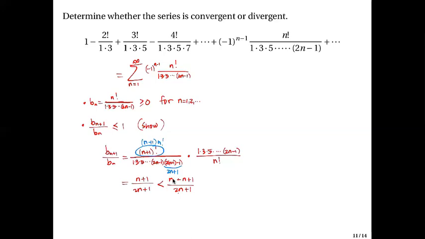You added a positive integer in the numerator, so this becomes bigger compared to the numerator of this. But this one is 2n plus 1, so it will cancel the 2n plus 1 denominator, meaning this is actually less than 1. So we have shown that Bn is decreasing.